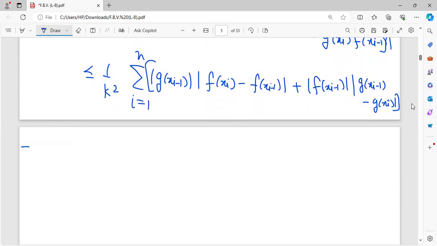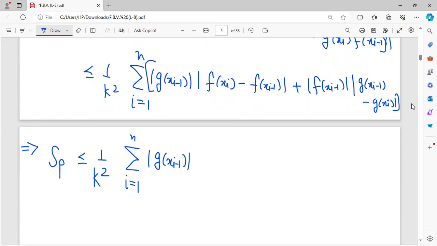So this implies S_P is less than or equal to 1 upon k square, summation i goes to 1 to n, of absolute value g(x_{i-1}) times absolute value f(x_i) minus f(x_{i-1}).